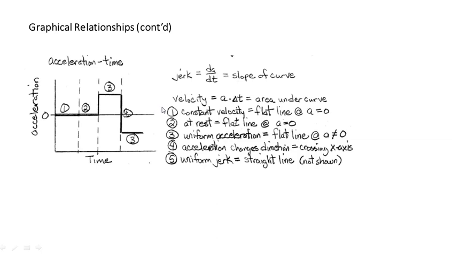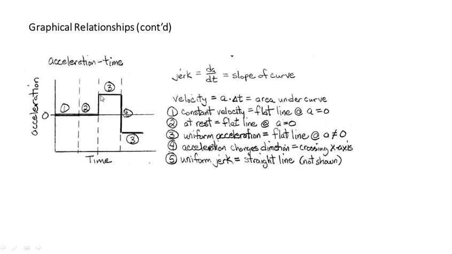Again, the key characteristics. In number 1, we have constant velocity. That'll be a flat line at acceleration equals 0. When an object is at rest, as we see in section 2, the curve looks no different. It is a flat line at acceleration equals 0. Uniform acceleration is shown in section 3.